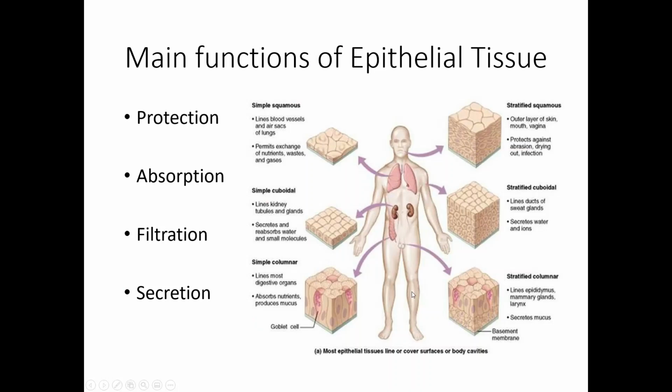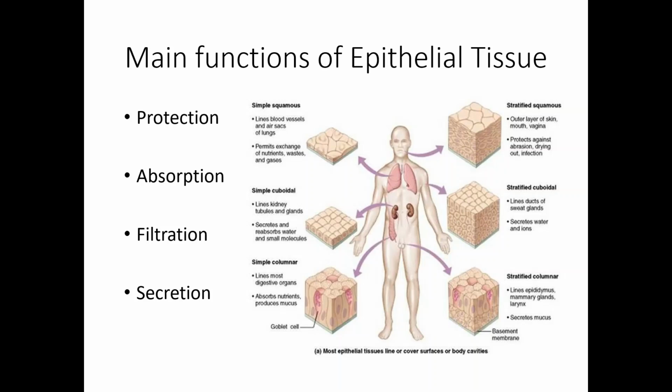Alright, so epithelial tissue. We have 4 main functions: protection, absorption, filtration, and secretion. So for protection, generally speaking, we're talking more about stratified tissue, stratified squamous epithelial tissue. You find this anywhere that is exposed to a lot of repetitive motions or abrasions, anything like that.